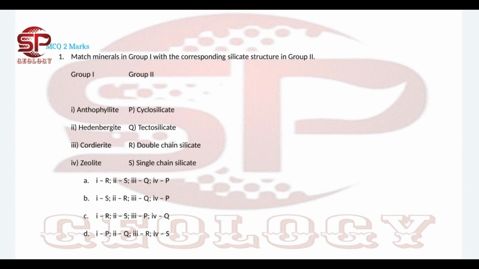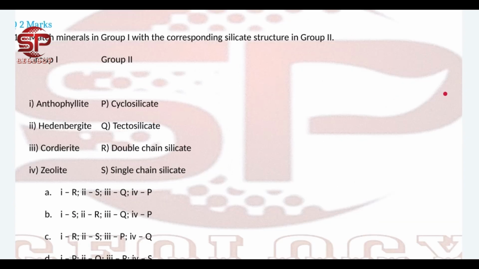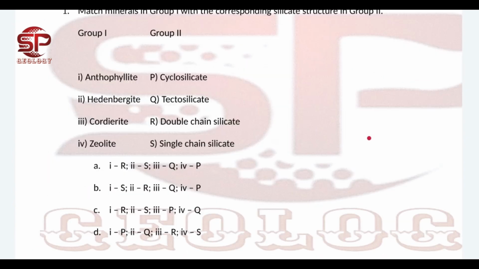Match the group of minerals with corresponding structures. Anthophyllite belongs to the amphibole group, a double chain silicate structure, which has a silicon oxygen ratio of 4:11. Then hedenbergite belongs to pyroxene, a single chain structure, which is 1:3.